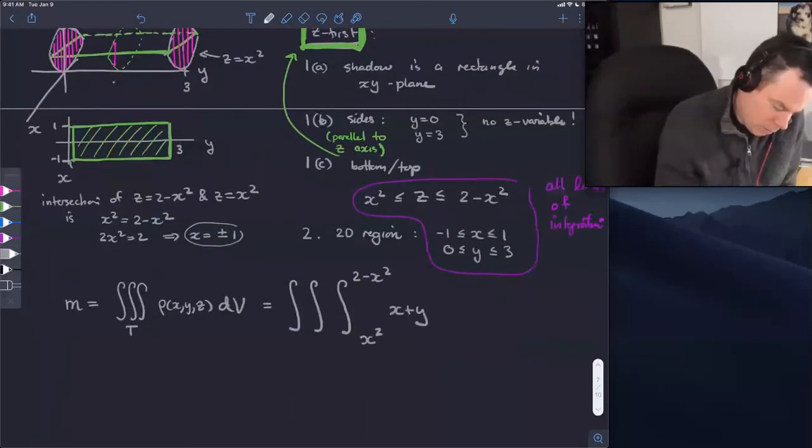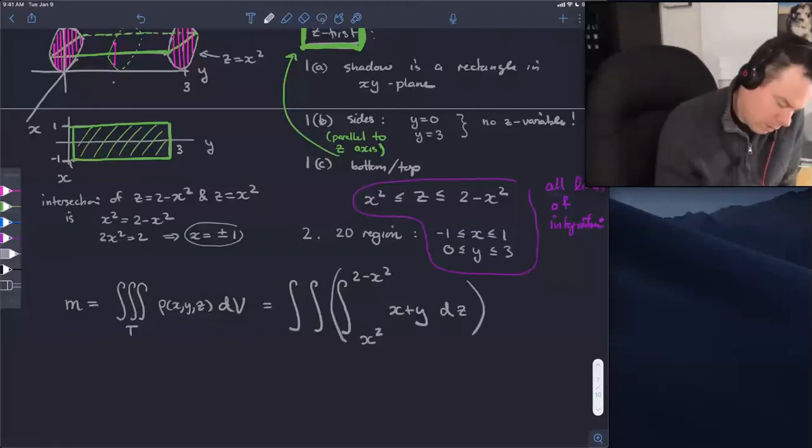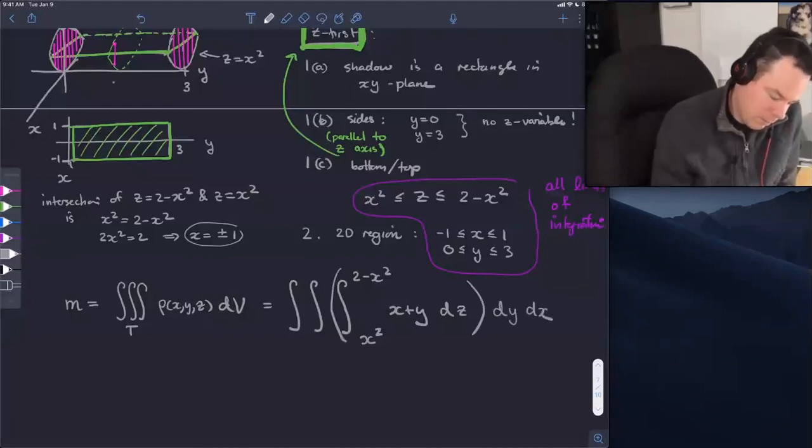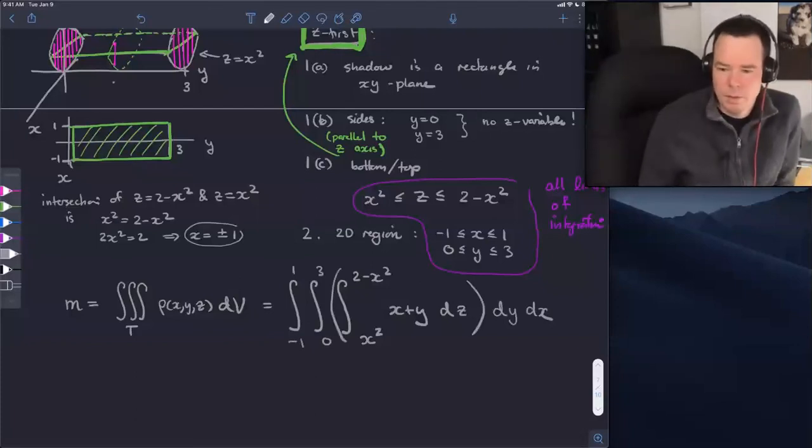I never worry about the integrand until this point. So now this is our Z first integral. And then the outer integrals we can do in either order because it's a rectangle. So I'll go dy dx. And then that y value goes from 0 to 3, and the x value goes from -1 to 1. And so that's our integral.